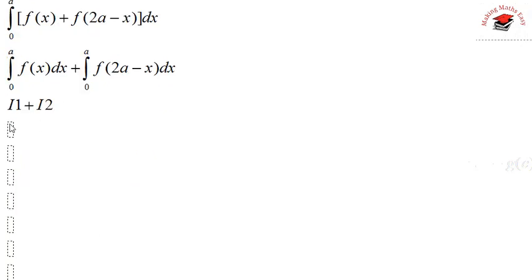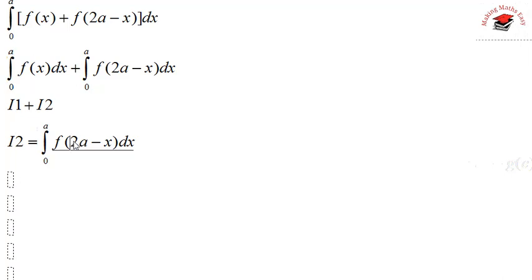My I2 is equal to the integral of a to 0 of f of 2a minus x dx. This is the part we are going to integrate, and I1 I will keep as it is.